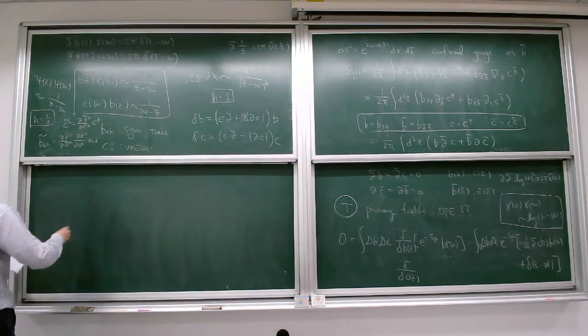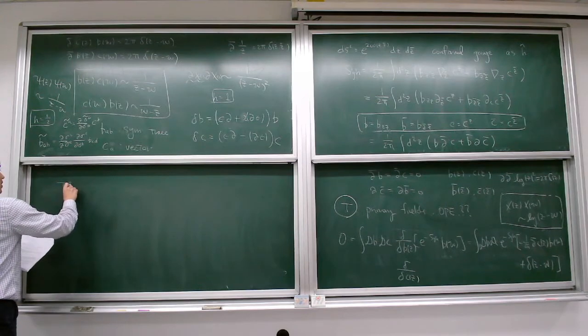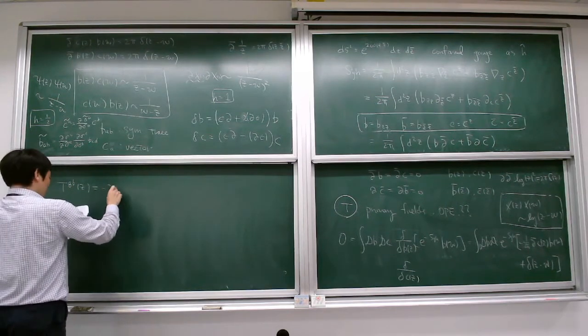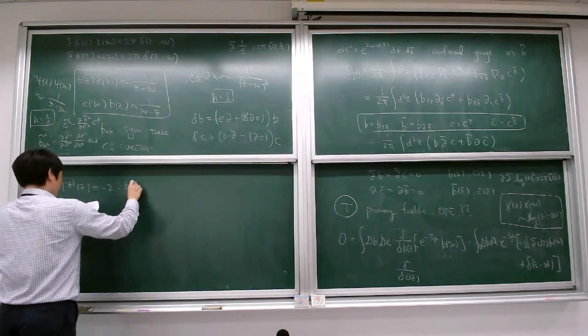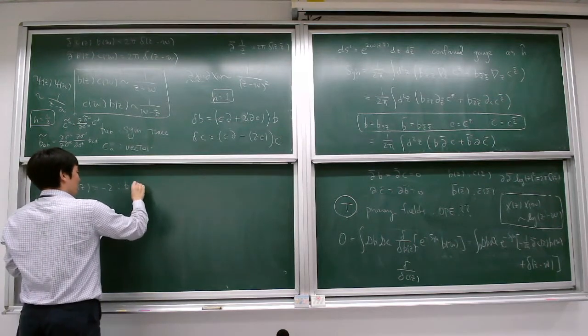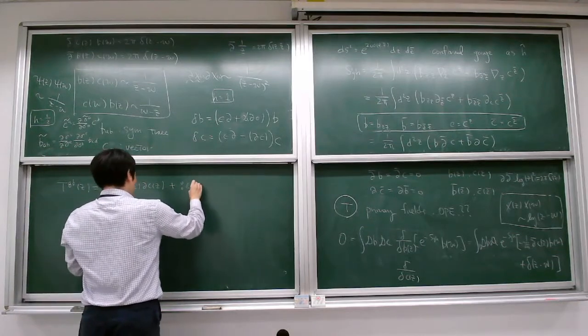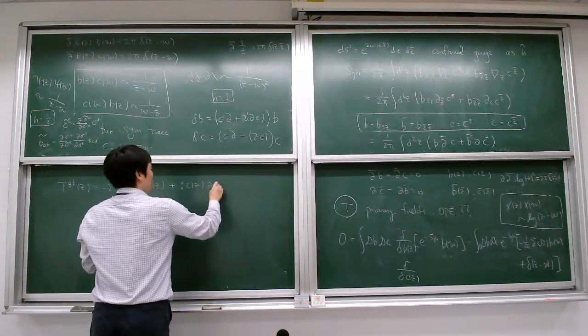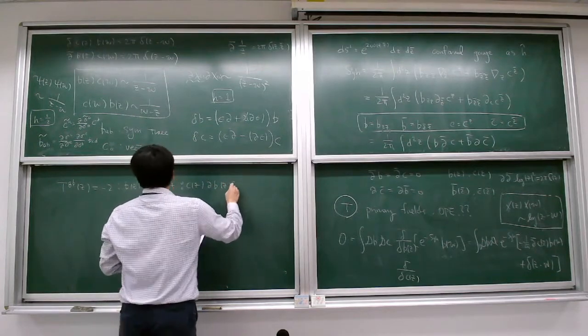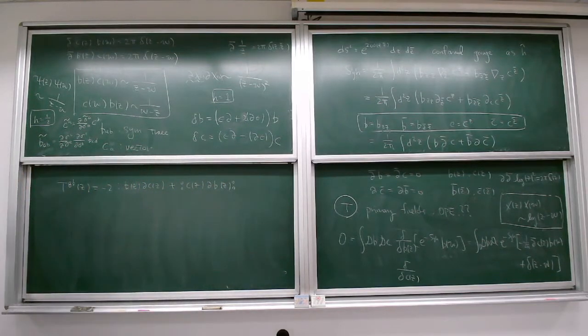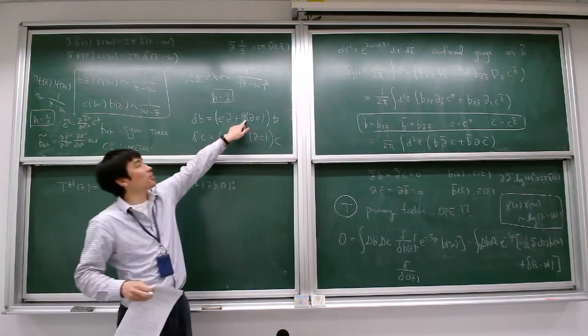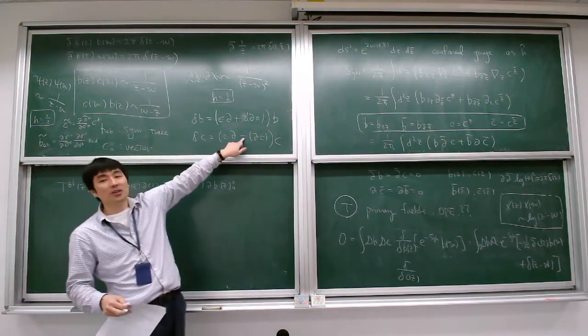So therefore, T ghost, this is the answer. This minus 2 really comes from this 2 here, and plus 1 really comes from here.